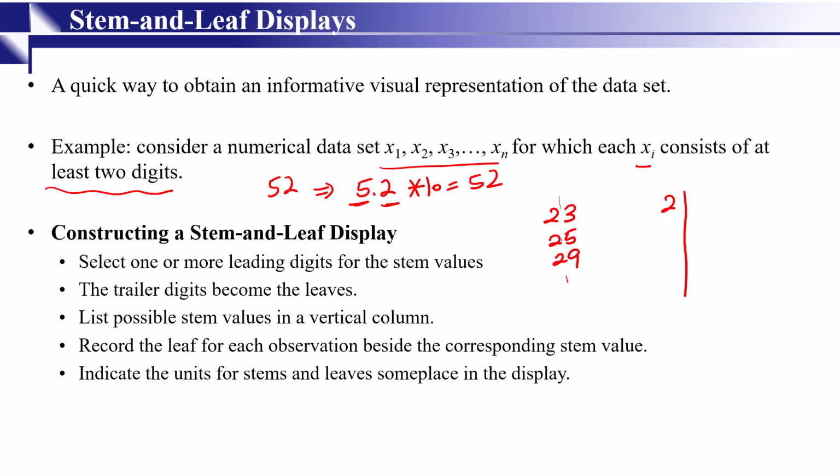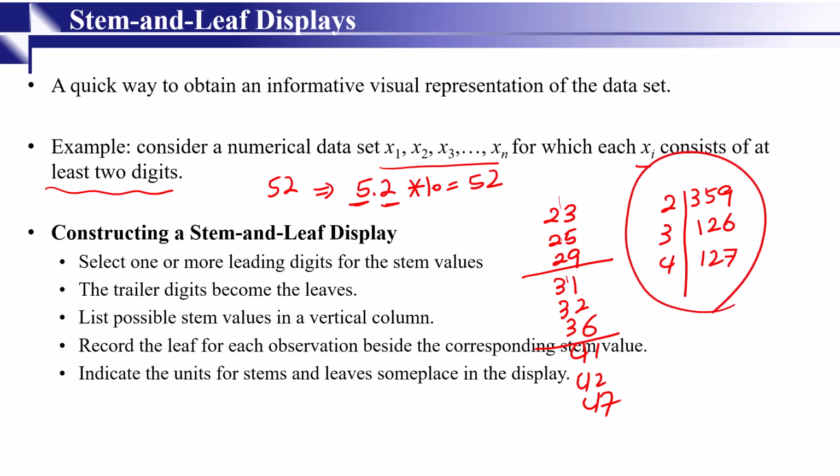For example, if you have 23, 25, 29, 31, 32, 36, 41, 42, and 47, you can see these form groups. So we have stems 2, 3, and 4. Then the leaves are 3, 5, 9, 1, 2, 6, 1, 2, 7.